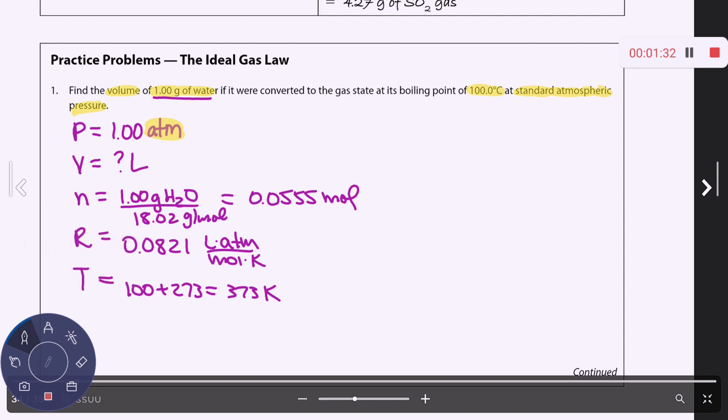Okay. From here, you can put all of the numbers into the equation. So we've got PV equals nRT. Solve for V by dividing both sides by pressure. So volume is, I'm going to leave the units out.